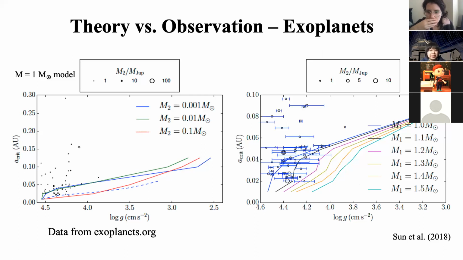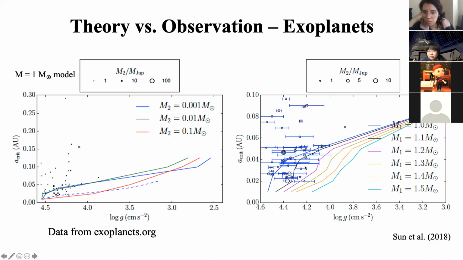Let me use an example to explain this problem in more detail. Let's say we discover a 1.1 solar mass star with a planet at a = 0.3 AU and log g = 4.2, somewhere here. The system is below a_crit compared with the 1.1 solar mass a_crit line.